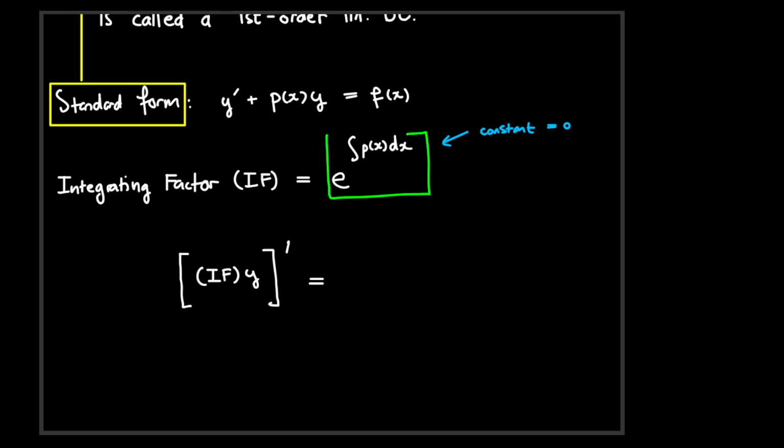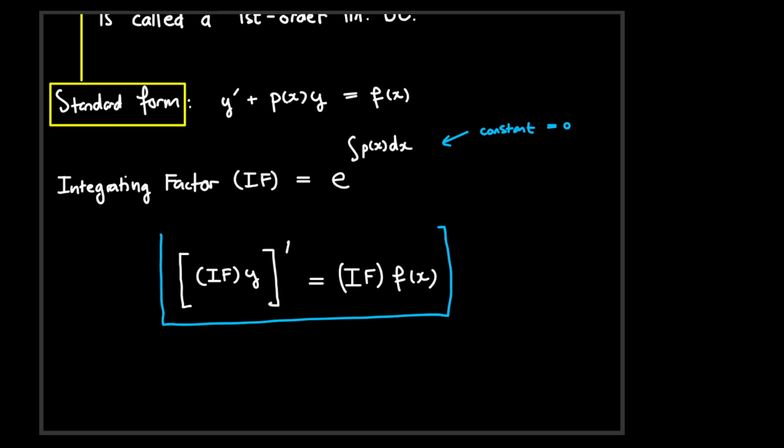E to the power of the integral of a function of x is some function of x. Then y, we assume, is some function of x. So we take this derivative here, and then we're going to get IF times f of x. Okay, so we won't go into why this is true, and we'll take this as given, and just know that this is really the main formula for first order linear differential equations.